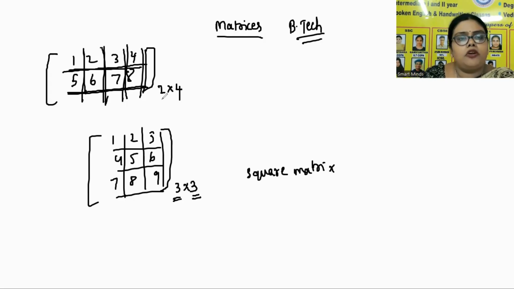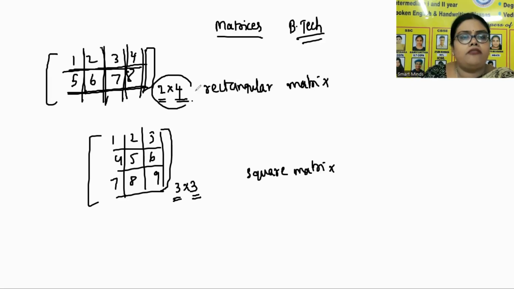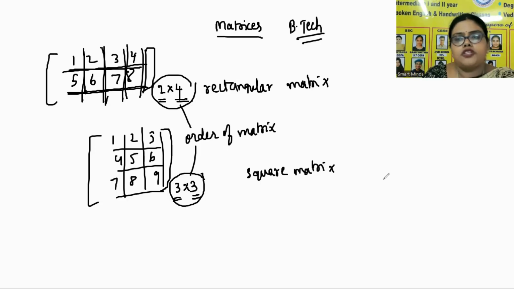And whenever the number of rows is not equal to the number of columns, it is called a rectangular matrix. The one which I wrote here, 2 by 4, 3 by 3, is called the order of the matrix. Understood? Now addition of matrices is very easy.